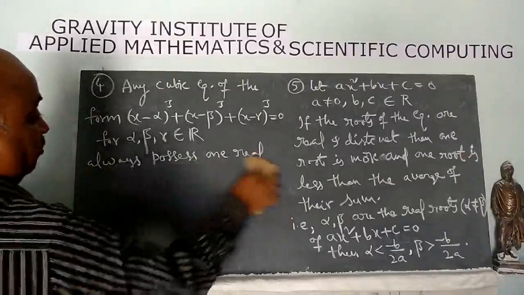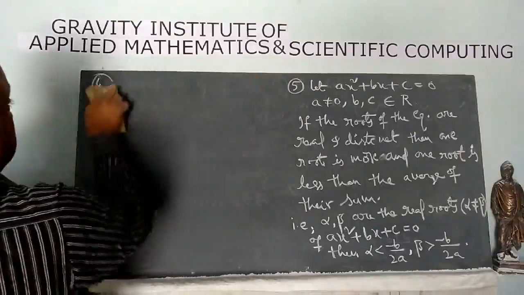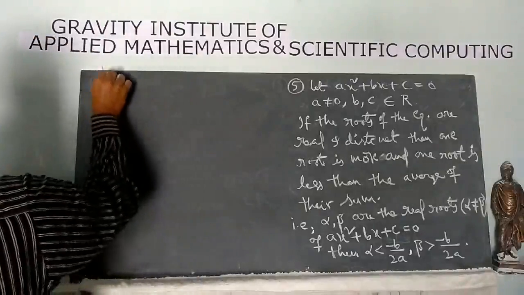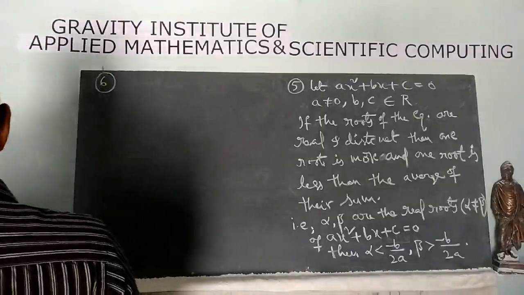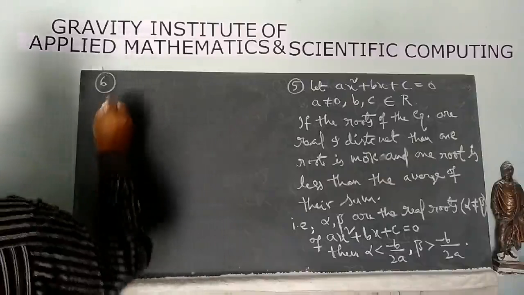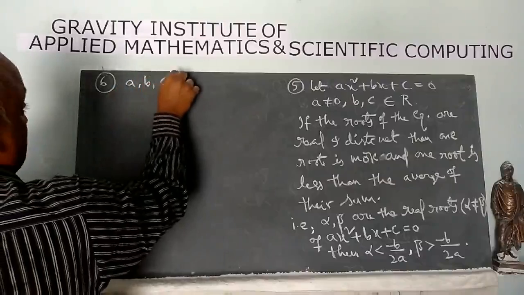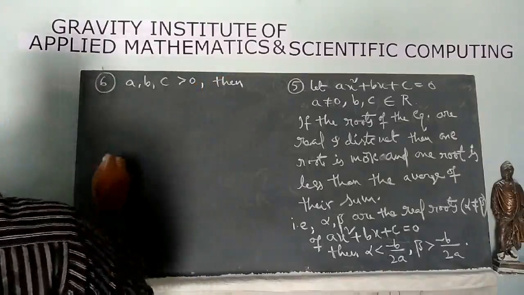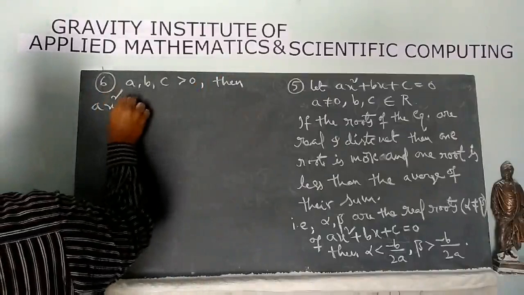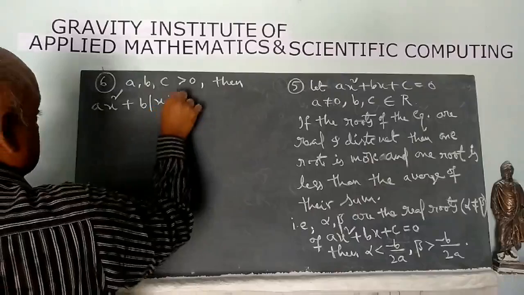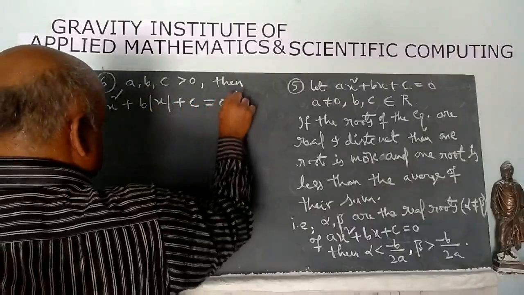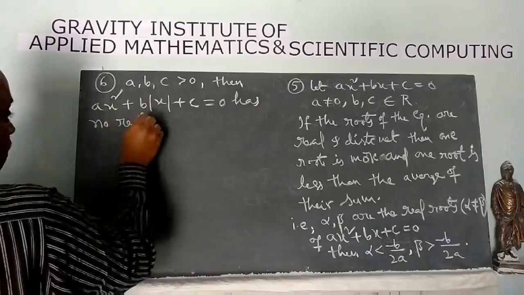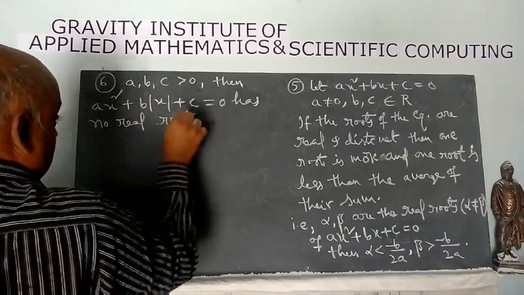Next, sixth point. A, B, C greater than 0, then ax square plus b mod x plus c equal to 0 has no real roots.